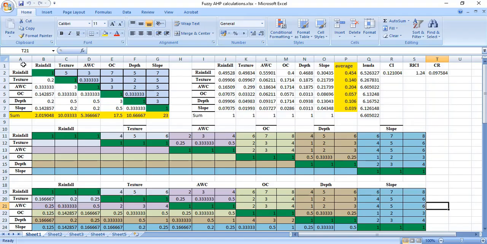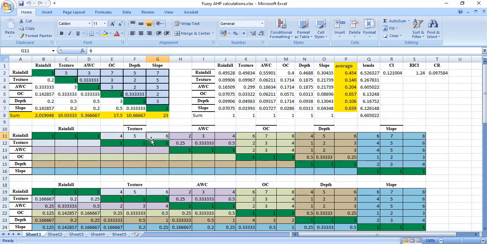Suppose we have got this pairwise comparison matrix. Here rainfall is moderately important than texture. But in some cases, suppose your expert is not that confident, so he may suggest it may be 4, 5 or 6 when comparing rainfall and texture.